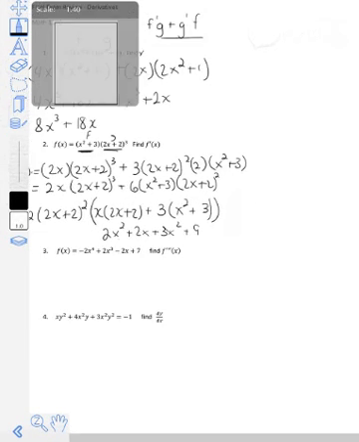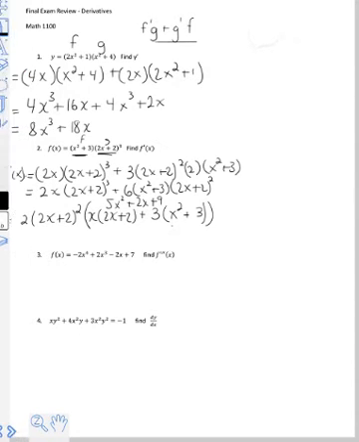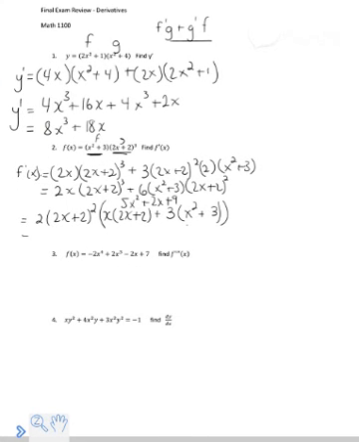So for final answer, we have 2 times 2x plus 2 squared times 5x squared plus 2x plus 9.